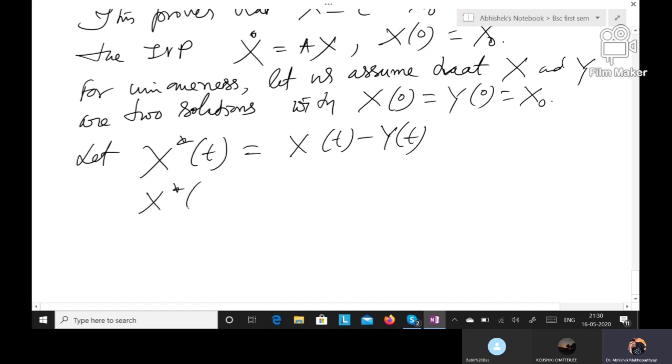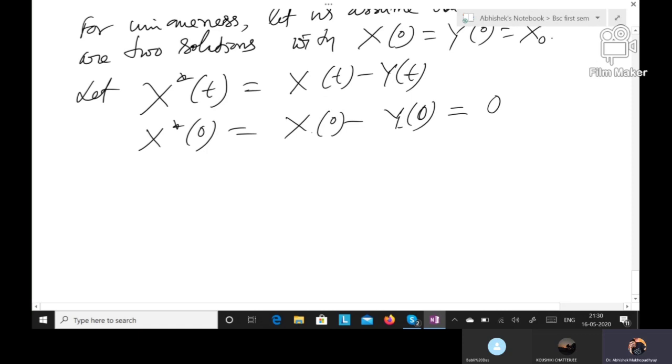Then we see that X star at 0 will be X(0) minus Y(0), but X(0) minus Y(0) will be the 0 matrix because X(0) equal to Y(0) equal to X naught. So it is the 0 column vector.